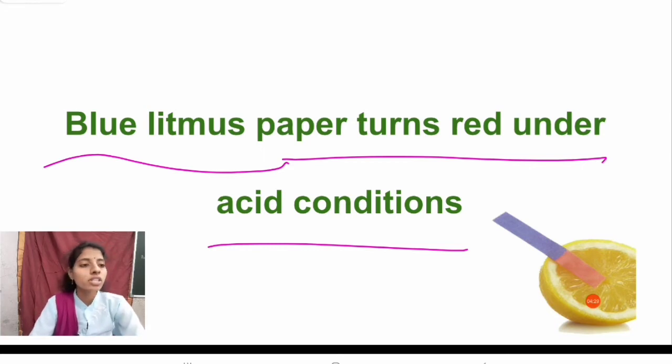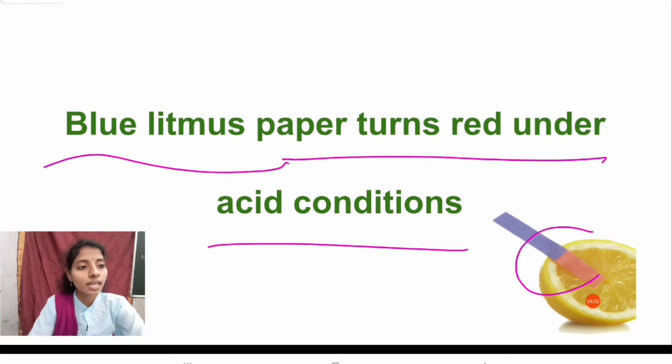You can observe in this picture, we know this is the lemon, right. Lemon contains acid, that means the taste of the lemon is sour. We know the sour tasting things are known as acids, right. So, here when we are keeping the blue color litmus paper on the lemon, the paper turns into red.